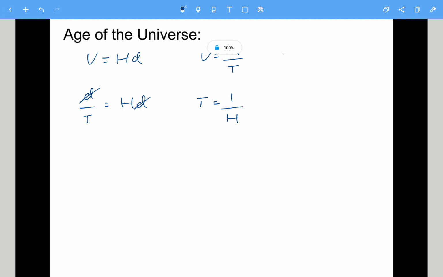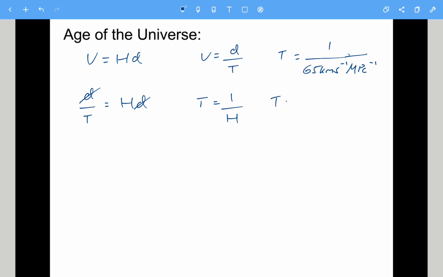So let's have a look. So time is equal to 1 divided by 65 kilometers per second per megaparsec. So that per megaparsec we can flip up to the top because it's a division under a fraction.